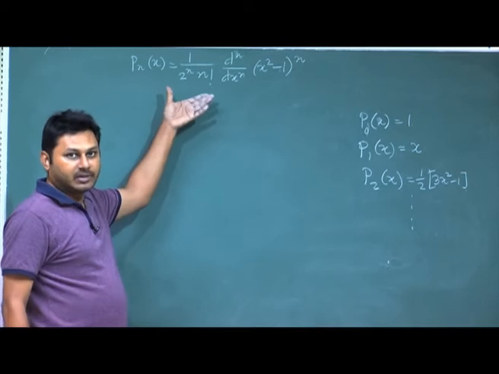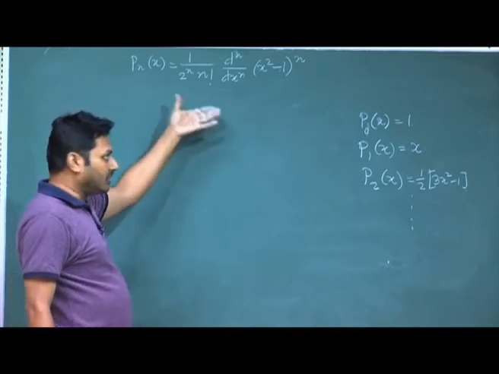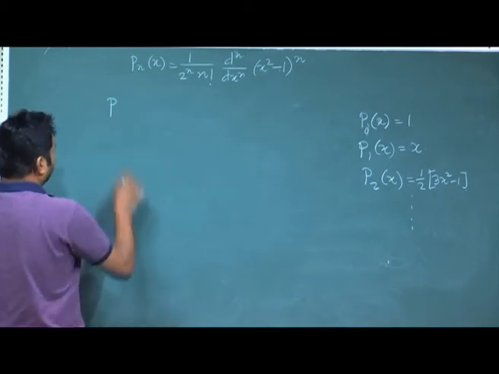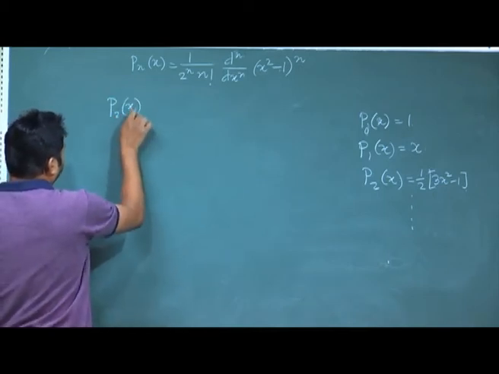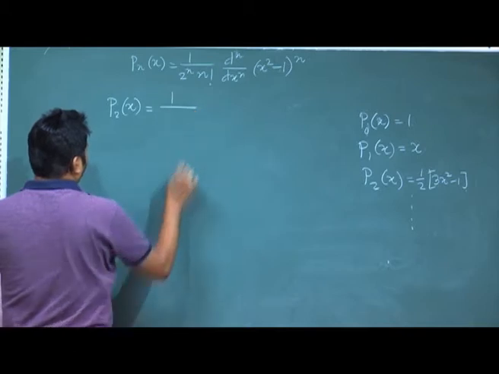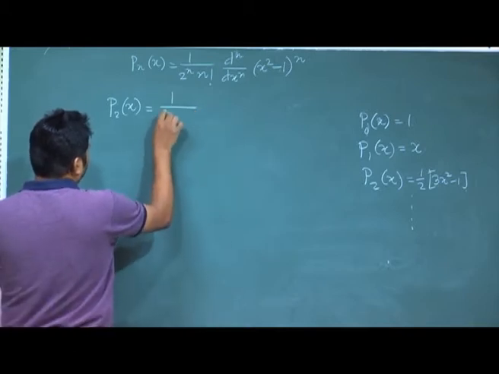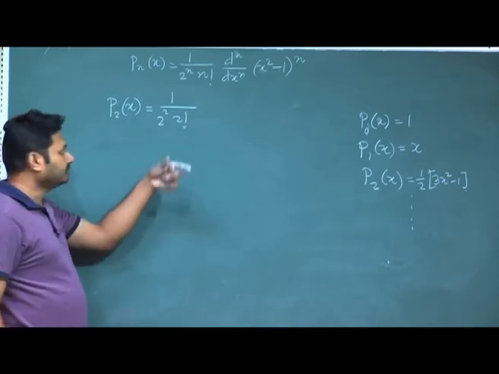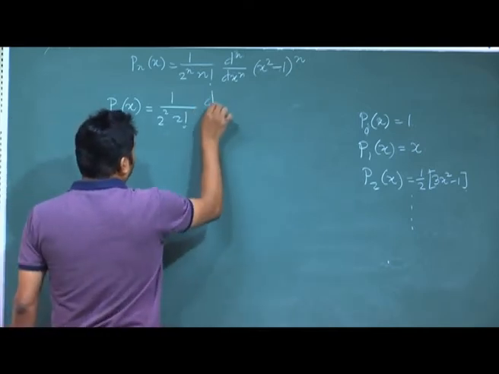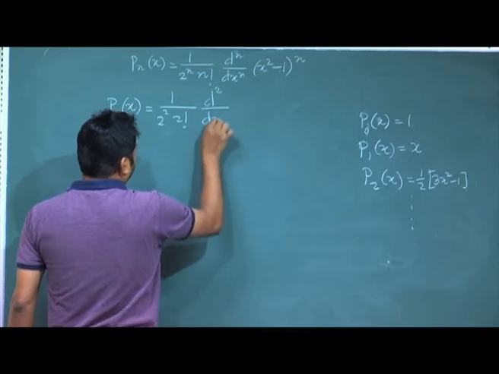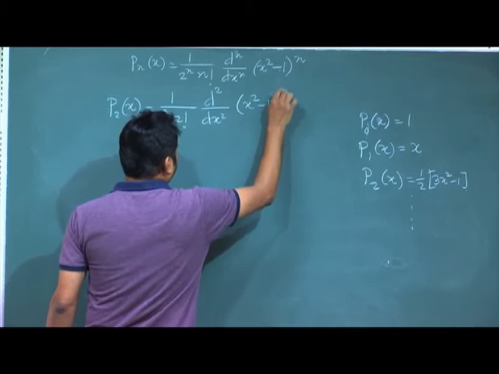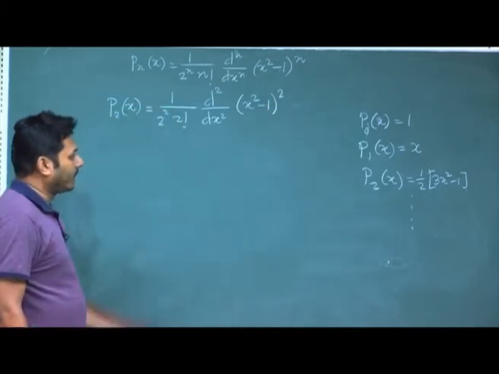This formula I have already written, so I am also going to use this for p2(x). How to write p2(x)? 1 by 2 to the power 2 and factorial 2, this is the initial term. Then d2 by dx square of x square minus 1 whole square.